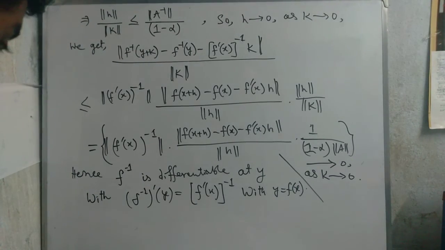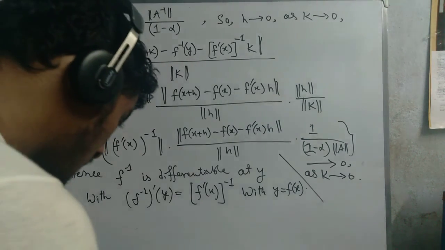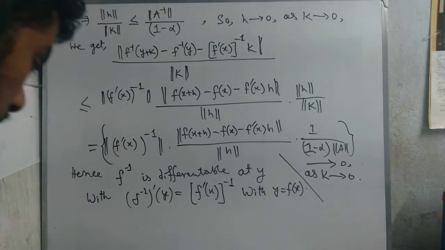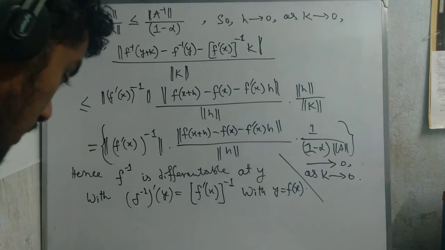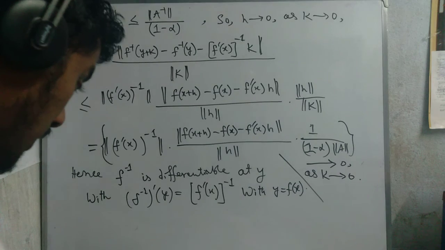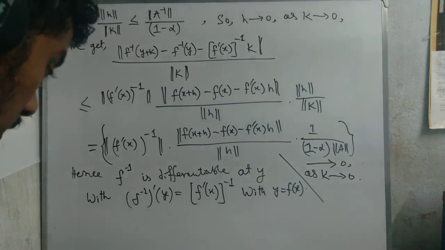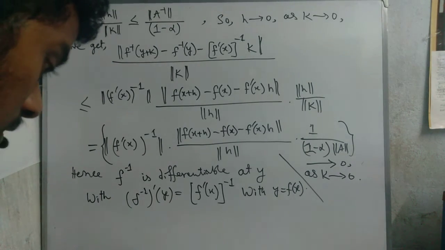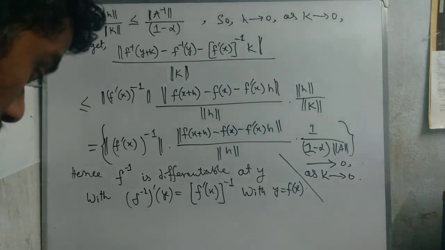Hence from 3 we get this bound, and this tends to 0 as k tends to 0.